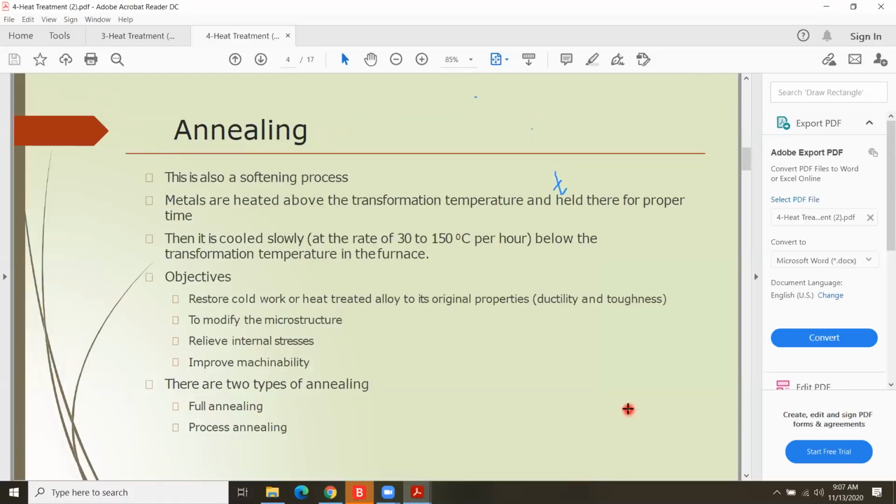So the next one is the annealing process. This one is also a heat treatment process. And same as normalizing, this annealing process also has these three stages. If you draw the temperature versus time graph, it has heating, soaking, and cooling process, right?